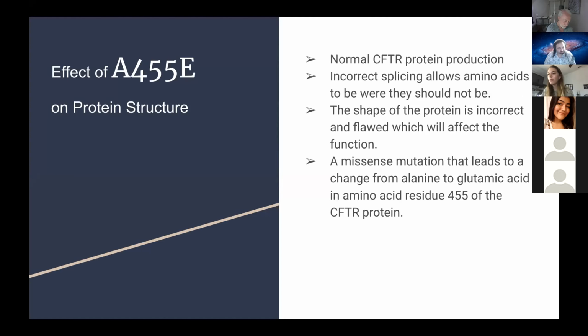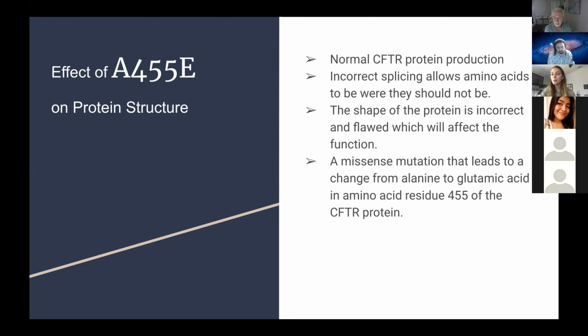First, I will go over the normal production of CFTR, the CFTR gene without a mutation. The CFTR gene location is 7q31.2, and the protein is made up of 1,480 amino acids. A normal CFTR protein is created starting within the nucleus. First, pre-mRNA is created from transcription after the sequence of the gene has been replicated.